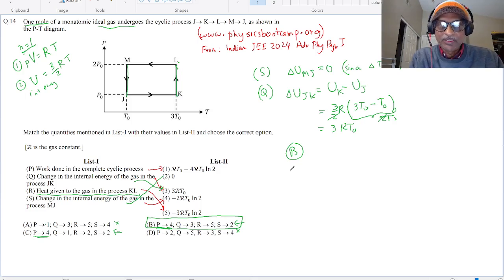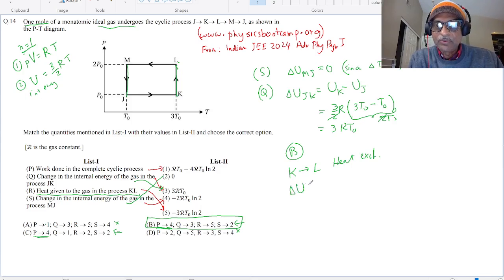So for K to L, the heat exchange: delta U is 0 because the temperature is constant, and Q minus W is 0.